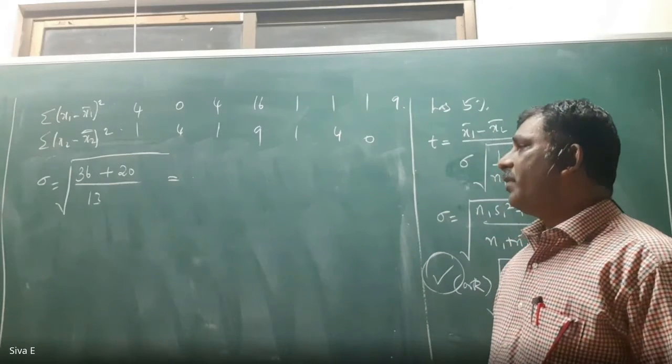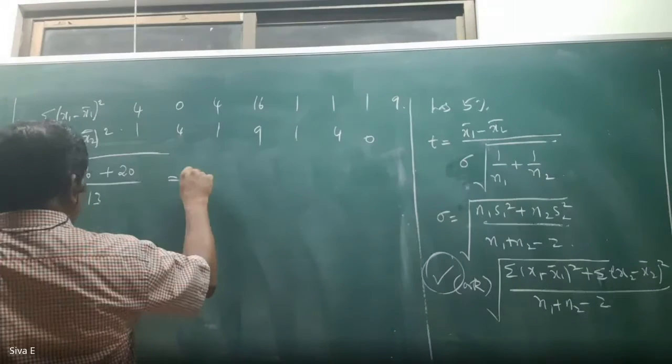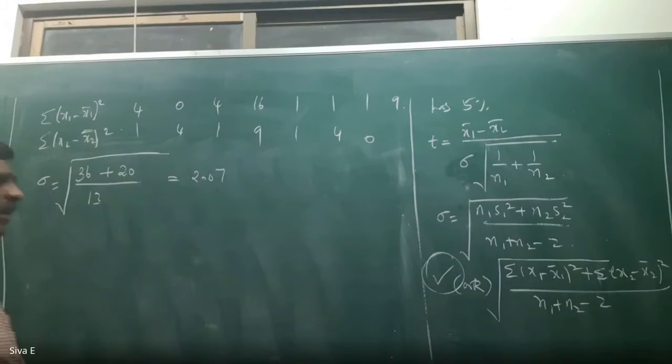Find the value of (36 plus 20) by 13. So final sigma is 2.07. Substitute here.